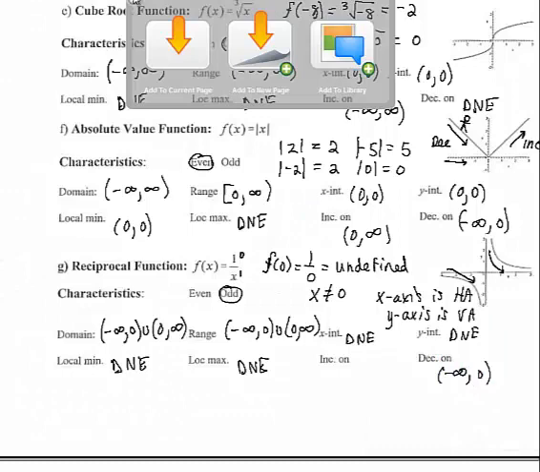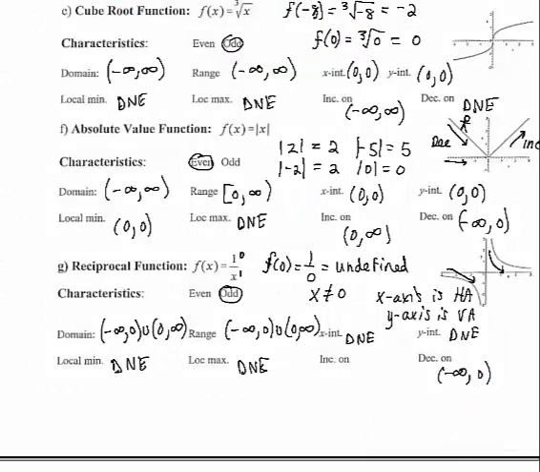I don't want to do that. I'll just erase it. And I want to write them side by side. Okay, it never increases, so this interval does not exist.